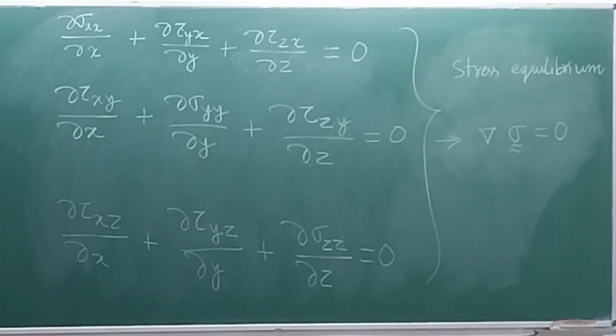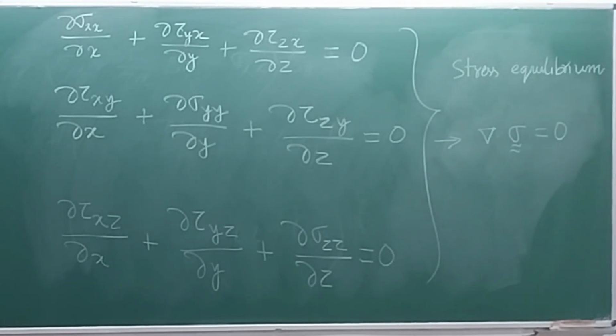Coordinate system is just an engineer's or a mathematician's choice. We can choose to work with the XYZ system. Another engineer can choose to work with the R theta Z coordinate system. That should not change the fact that the stress equilibrium equations are working. It is only that in the R theta Z coordinate system, the stress equilibrium equations will look a little bit different.